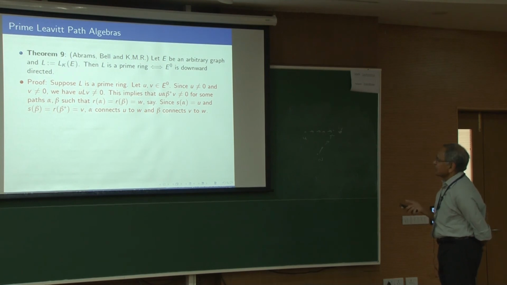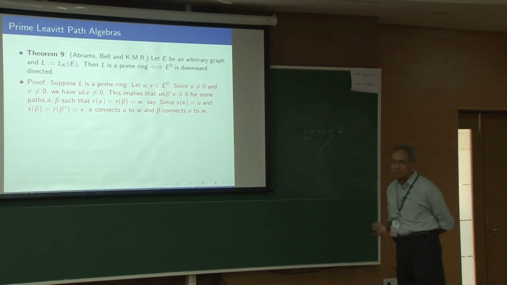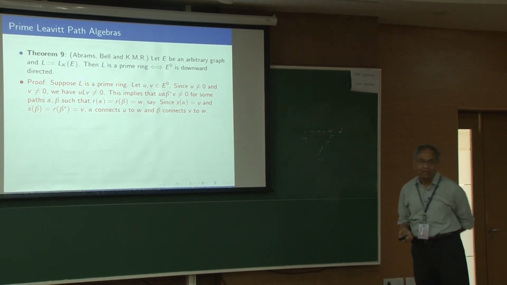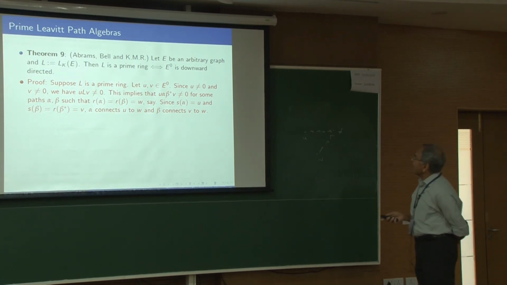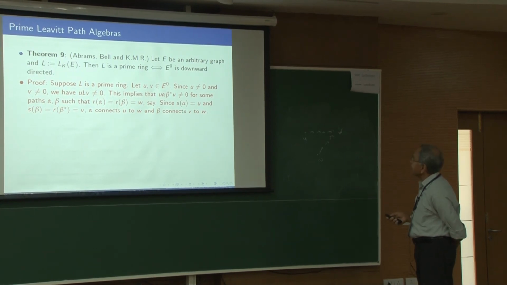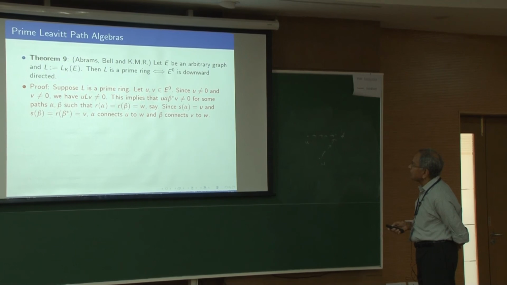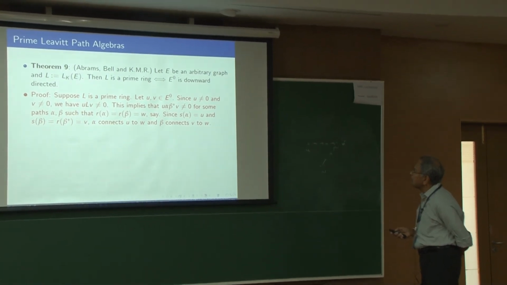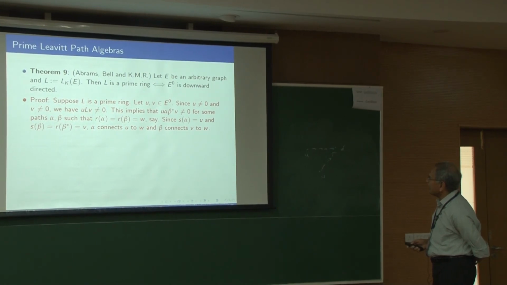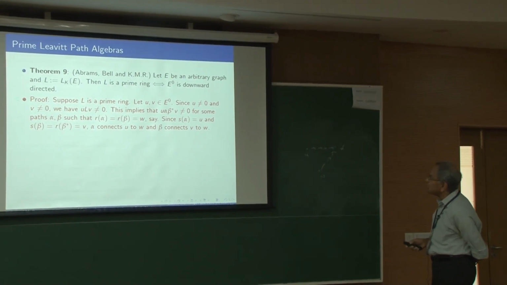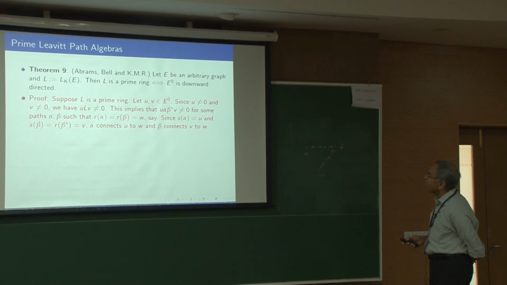It's such an easy argument, I just want to point out how you get it, so you get a flavor for the argument. Suppose it's a prime ring. I'm sorry, if I have two non-zero elements U and V, I would like to show that U times the algebra times V is not zero.